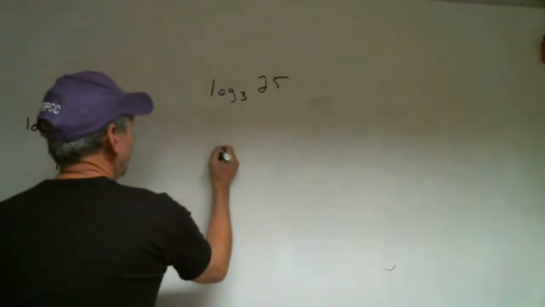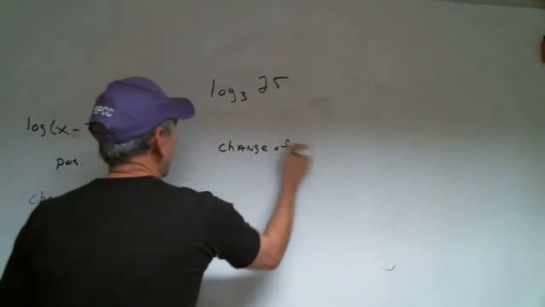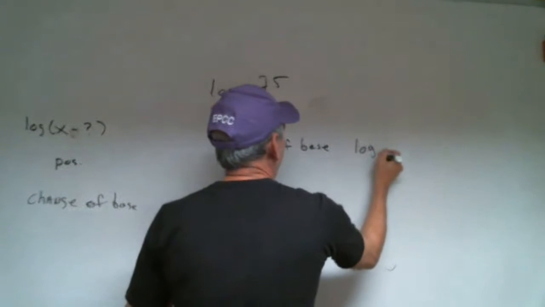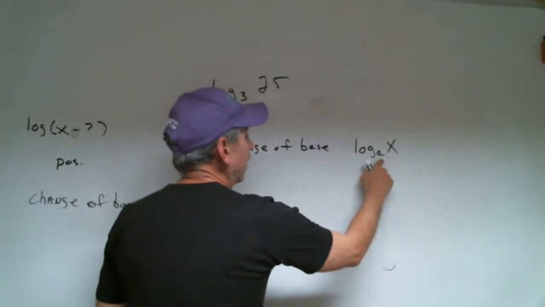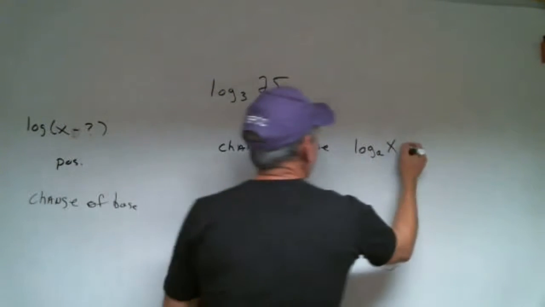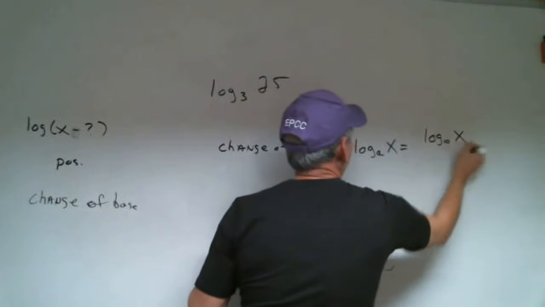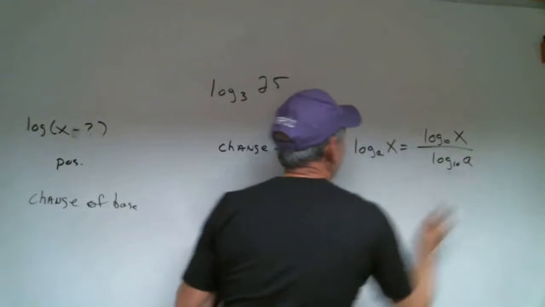For example, this is called my change of base. If you have log of base a of x, this can be any base, even 10. To apply this formula, it is equal to log of base 10 of x over log of base 10 of a.